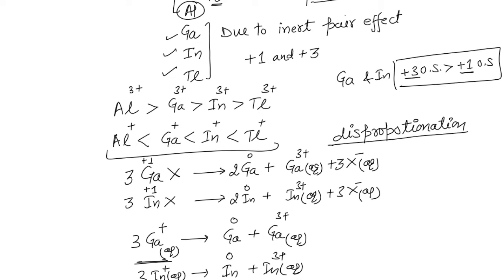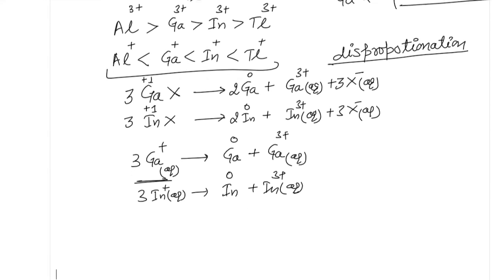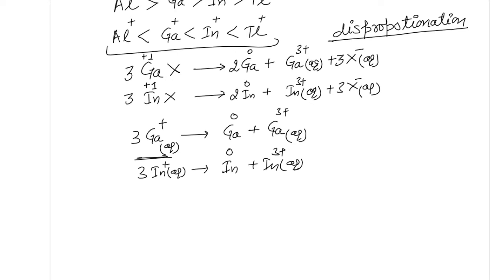Even if we talk about thallium 3+, see, thallium 1+ is more stable than thallium 3+. Means in case of thallium, +1 oxidation state is more stable than +3 oxidation state.